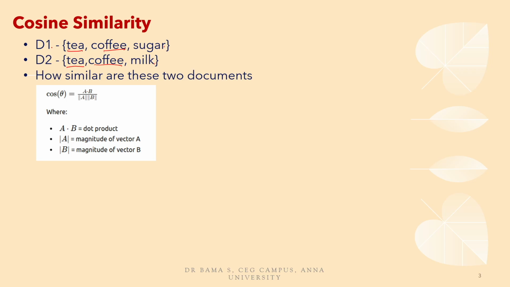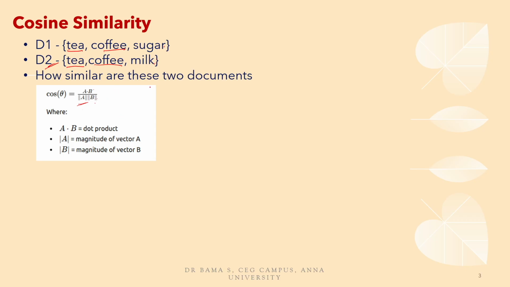A is going to be with respect to the document D1, B is going to be the document D2, and A dot B is going to be the vector dot product of D1 and D2, divided by mod A, which is the square root of the sum of the squares of the vector A, and mod B, the square root of the sum of the squares of the vector B, which is D2. If we calculate this cos theta, we would be able to find how similar it is.